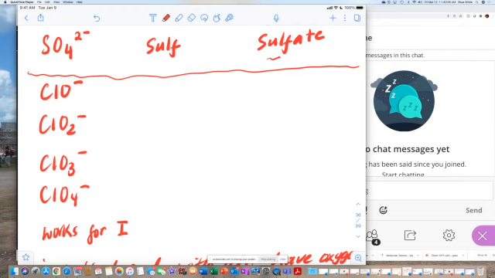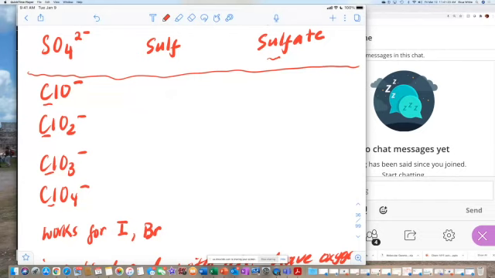You can build the same series for iodine. I have chloride, and it also works for bromine. I think in your handout they have a set of four for bromine, so in the place of Cl, they have Br. For bromine, you just apply the same rules: iodine, bromine, and fluorine. Not so much fluorine, we don't see it a lot.